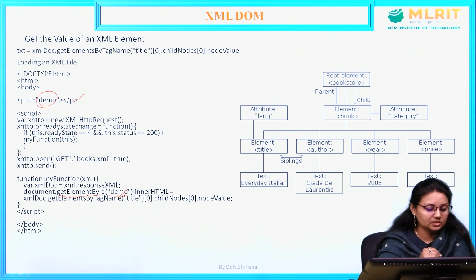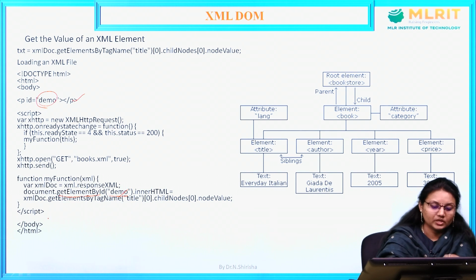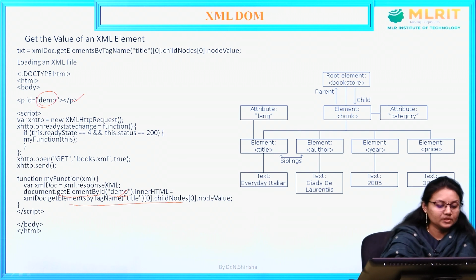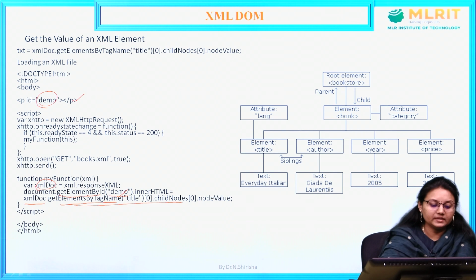Now what happens here? What are you assigning? In the previous example we saw how to assign the value hello world directly. But here, using this xmlDoc object, we use getElementsByTagName. What is my tag name here? Title.